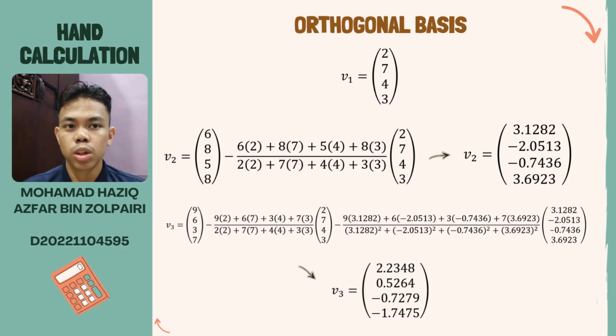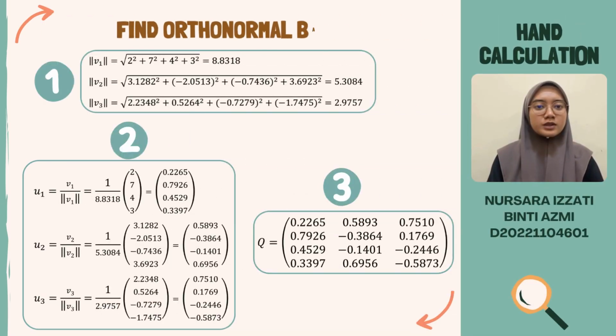We will get v1, v2, and v3, each of which is a 4 by 1 column vector, where v1 is 2, 7, 4, and 3, v2 is 3.1282, negative 2.0513, negative 0.7436, and 3.6923, and v3 is 2.2348, 0.5264, negative 0.7279, and negative 1.7475.